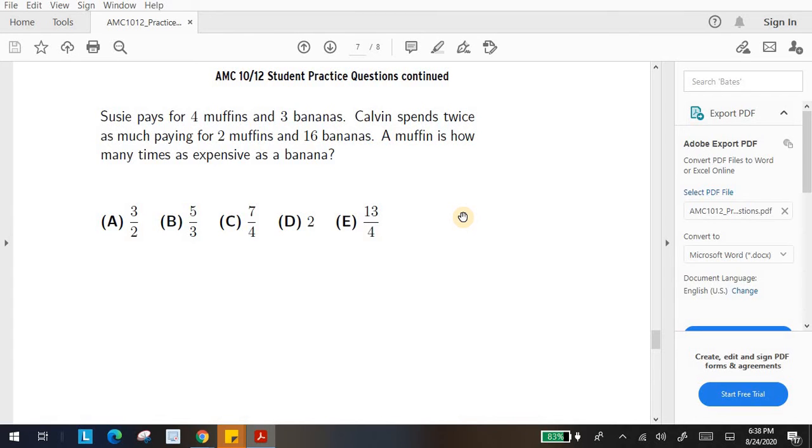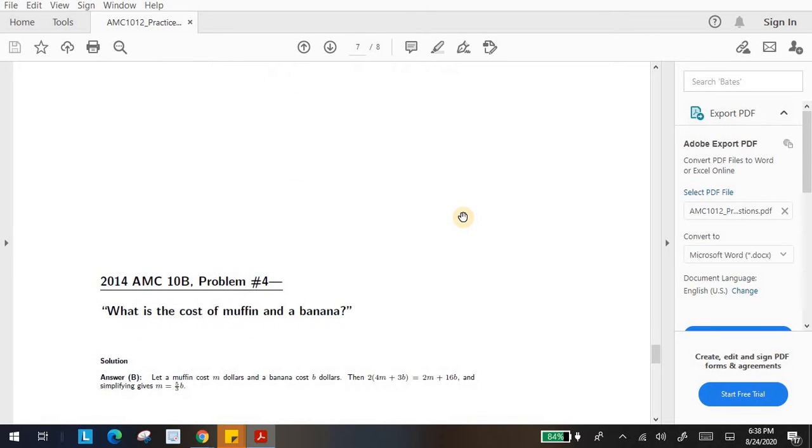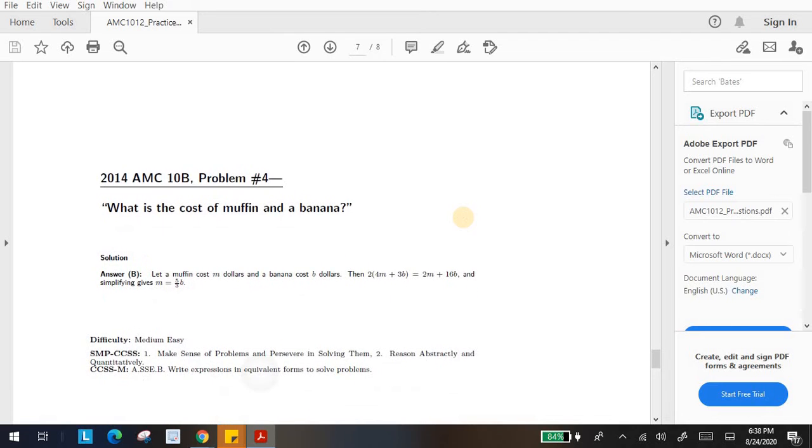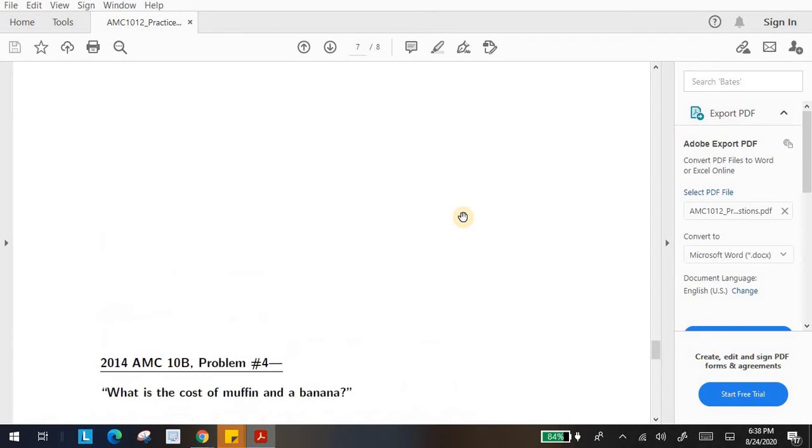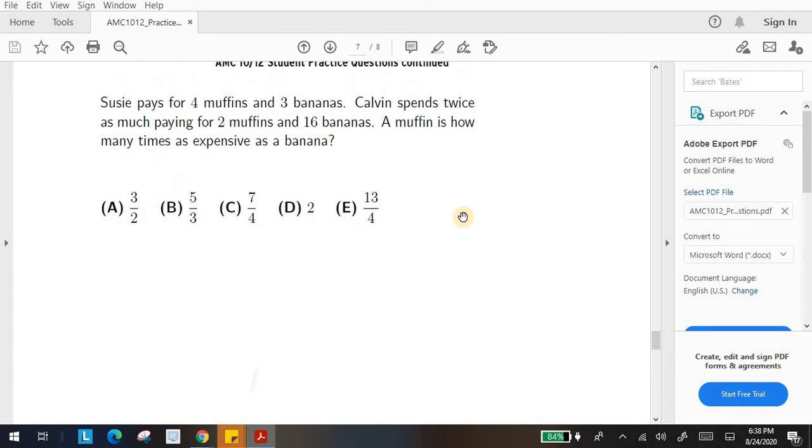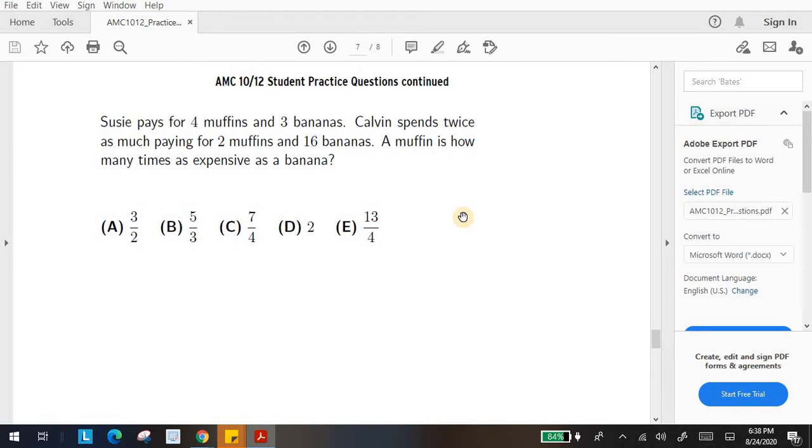So 2 in parentheses, 4x plus 3y is equal to 2x plus 16y. Therefore, 8x plus 6y equals 2x plus 16y. So 6x equals 10y.